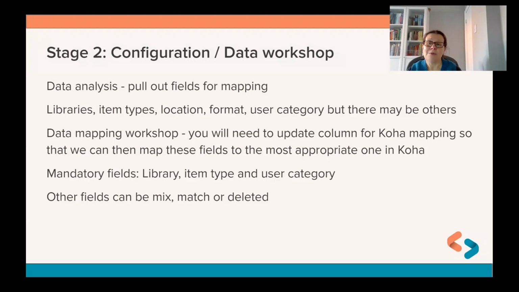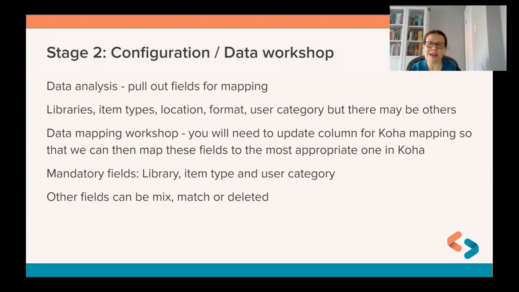So we will do a data mapping workshop, us and the project managers, and what we'll do with your data is pull out fields such as the libraries, item types, location, format, user categories, but there may be other things as well. We might find some other patron attributes in there or some other fields that we think look quite interesting. So we pull those out for you as well.